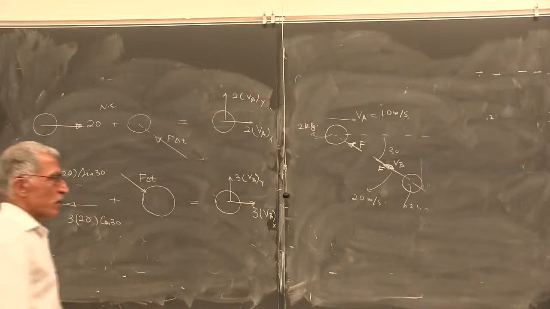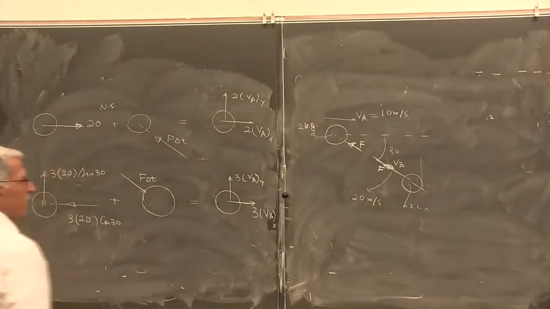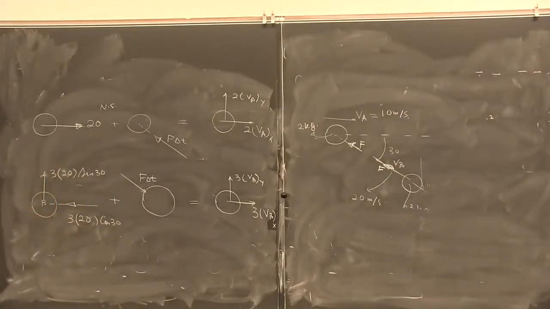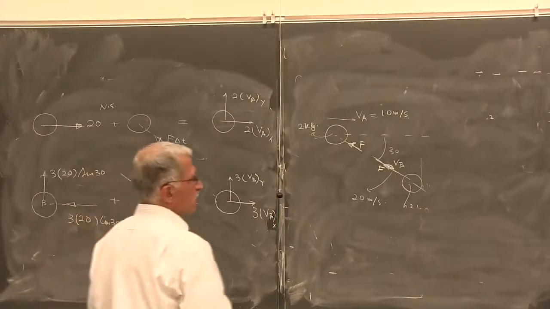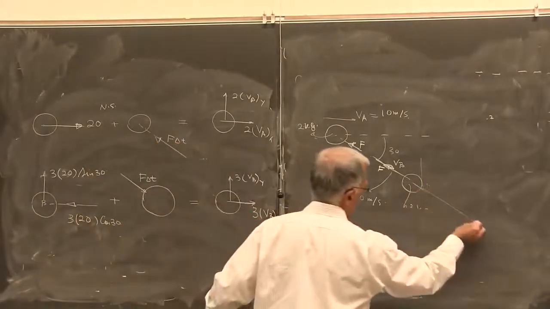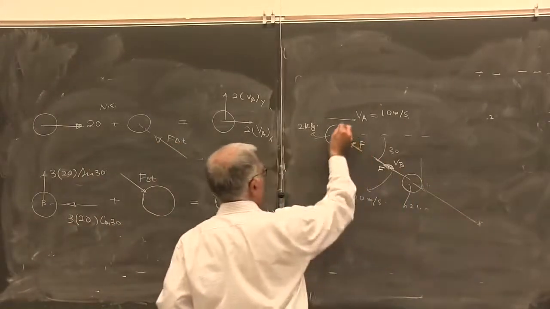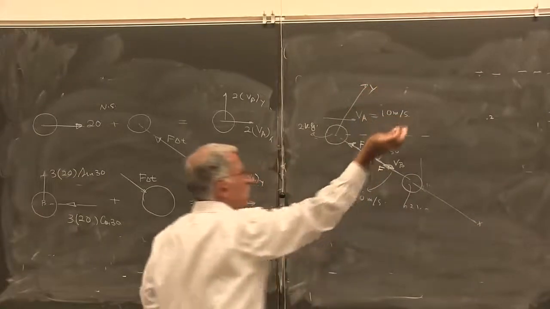All right. You could have also put your coordinate system not as x and y. You could have simply said, I would like to use this one as x and this one as y.